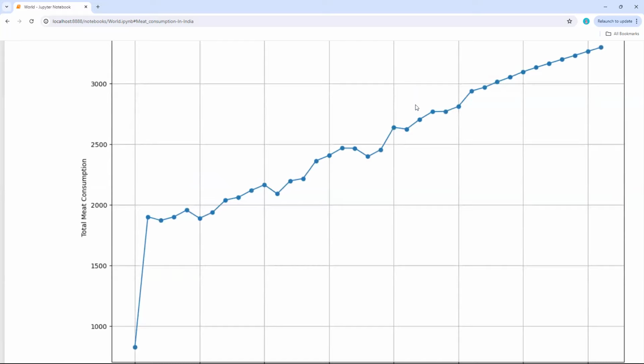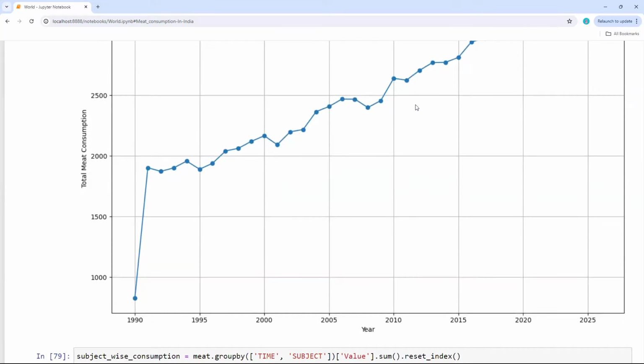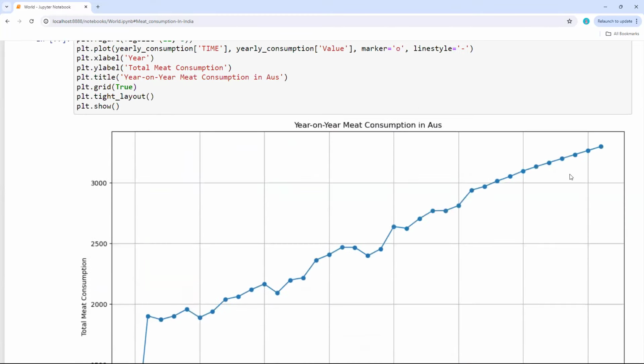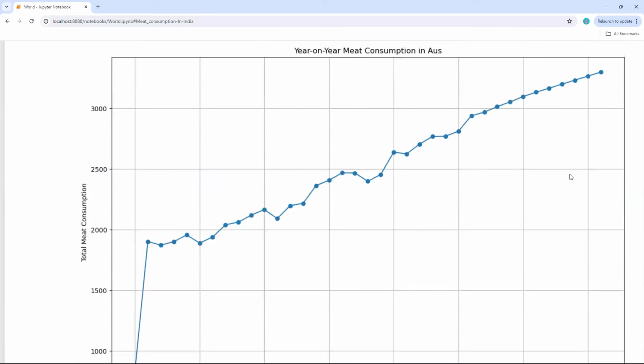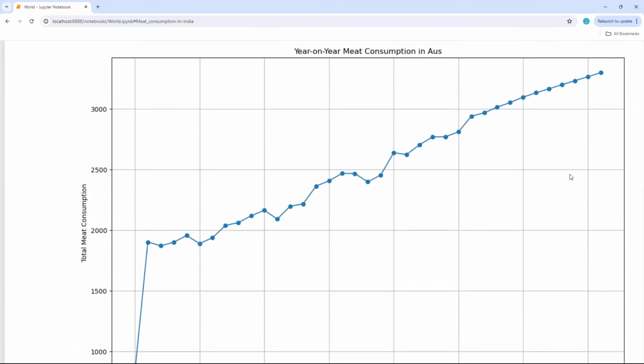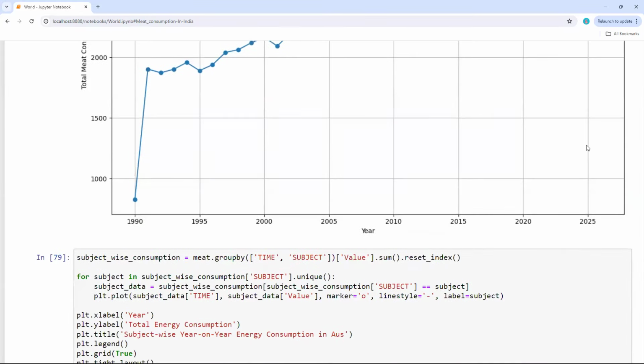It is a linear relationship of total meat consumption versus year. As of 2025, it has crossed something near 3,400. Meat consumption has crossed that in India, sorry, in Australia. So the meat consumption is increasing day by day in Australia.